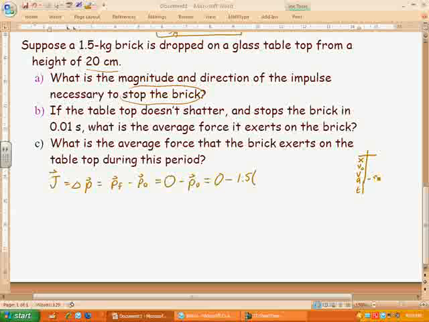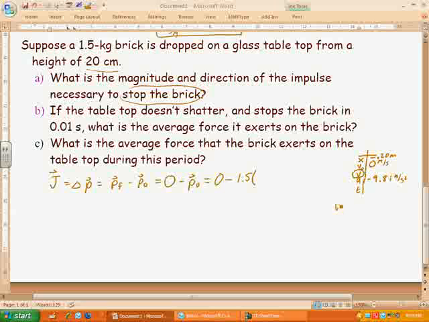I know it's traveling at an acceleration of negative 9.81 meters per second squared. Initially, it's being dropped, so I'm going to say that the initial velocity is 0, and I know that the displacement is negative 20 centimeters, or negative 0.20 meters. With those three pieces of information, I should be able to find the velocity as it hits the table.